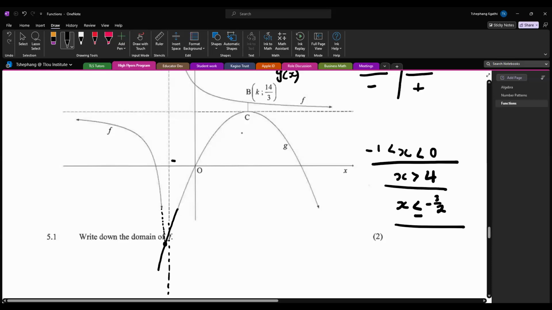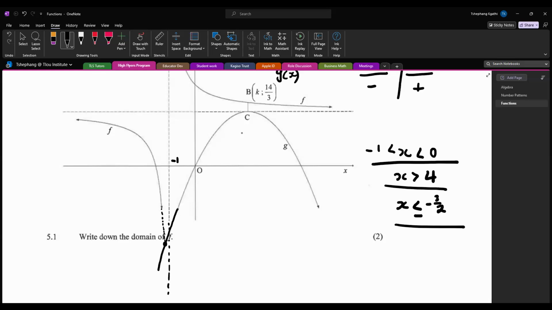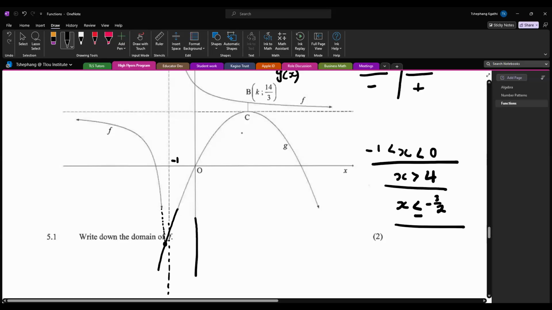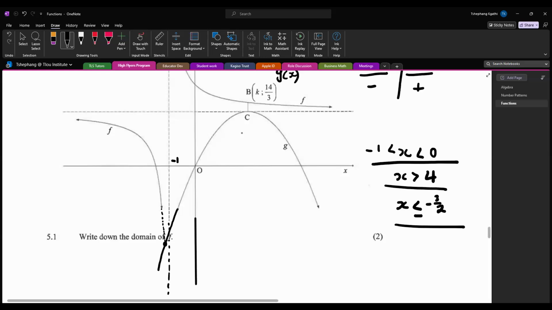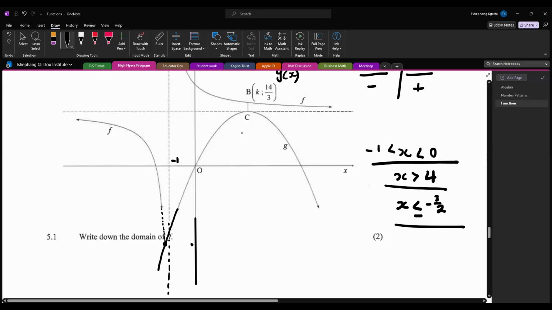And we know this is minus 1. Because this is to the left, even if we shifted it to the right by 1 unit, it will still be before, I'm just going to extend that a little bit. It will still be before 0, meaning that it's going to be somewhere there.